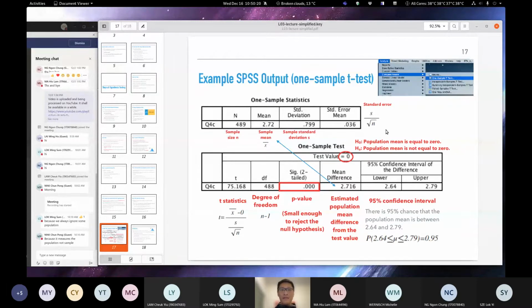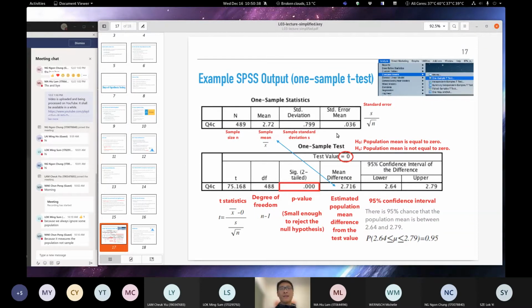So all of these are descriptive statistics. It is just trying to tell you what the sample is about. And then the result of the one sample t-test is given by the second table.